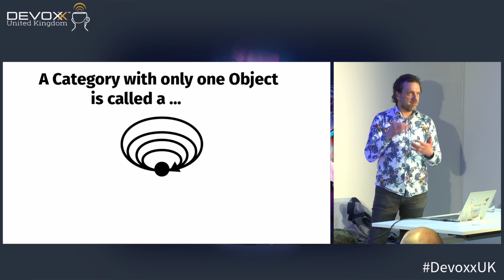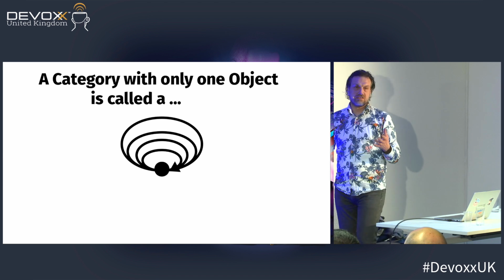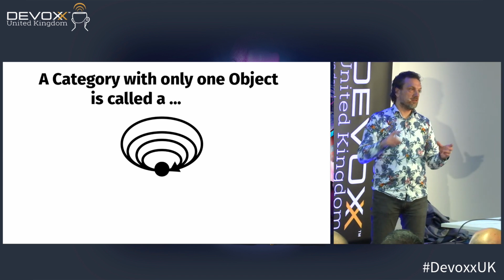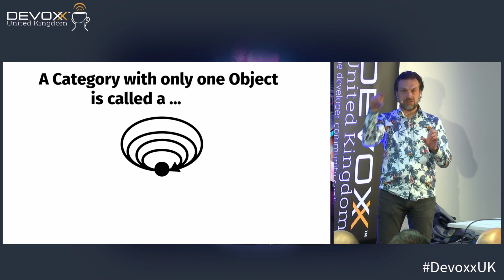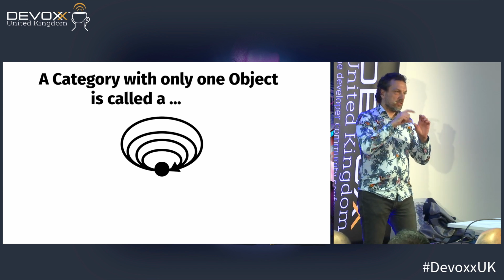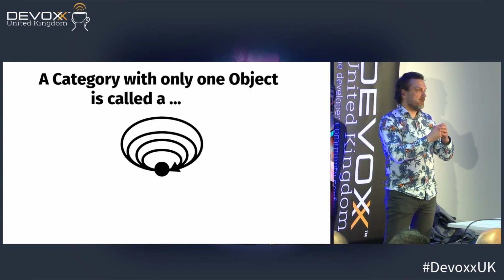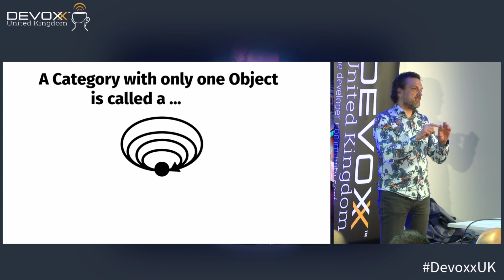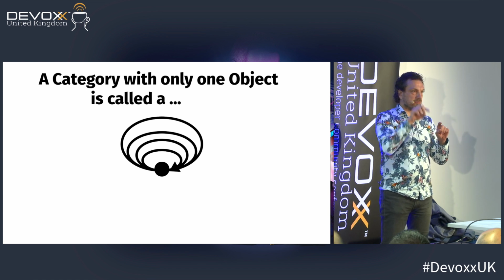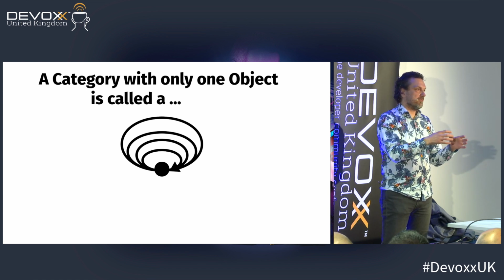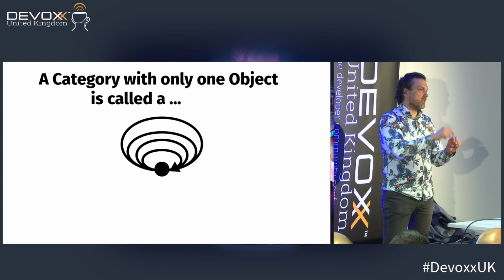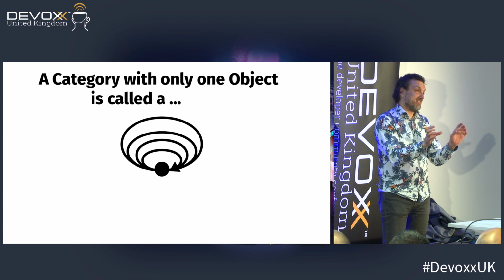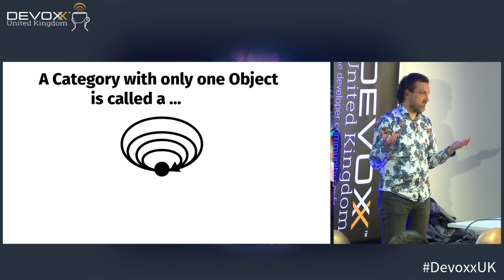And you know, if you have a category that has only one object, so all the arrows go to the same object. And also, since the object is a type, it's not that the arrows are all identical, because you can have an integer to an integer, but the type is the integer, while the actual value can change.